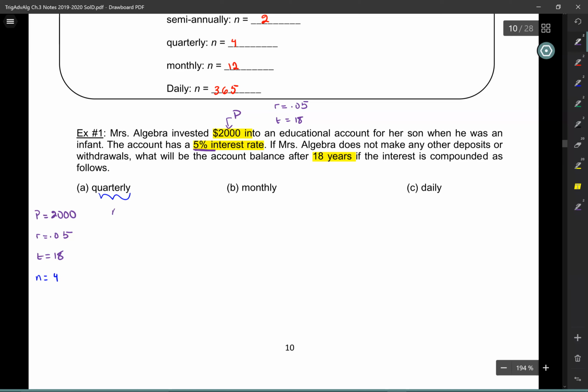We're going to plug it into the formula. P(1 + R/N)^(NT). So that's 2,000 times (1 + 0.05/4) to the power of 4 times 18.